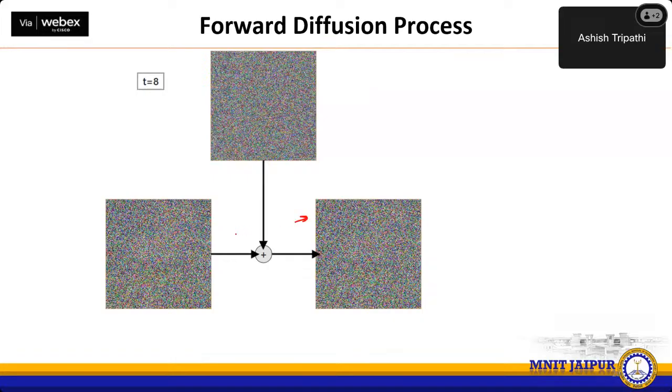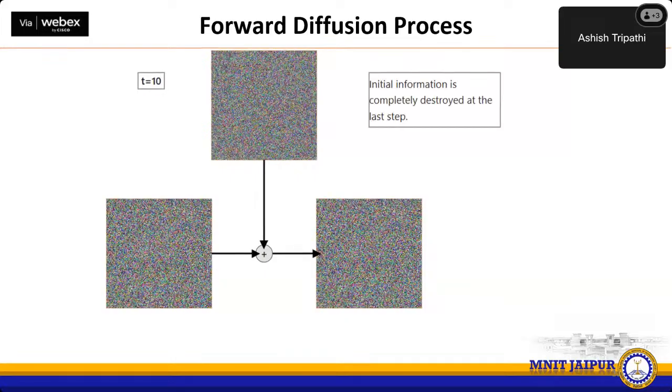Now you are not even able to recognize which is the input, which is the output image, and which is the noise. 9. So in the last step, I have assumed that one iteration is equal to 100 actual iterations. So after 1000 iterations, equivalent to the 10 iterations that I have taken, this initial information is completely destroyed.